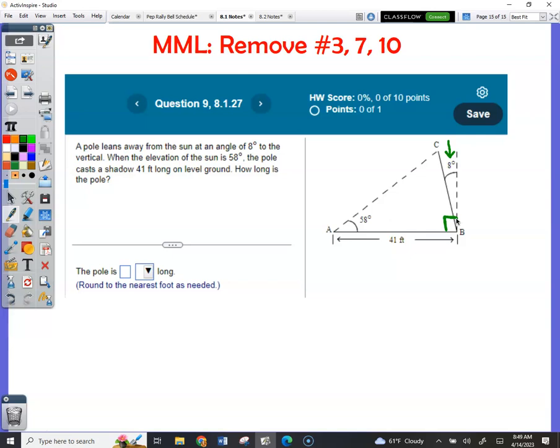And they're giving you the 8 on the outside. We don't need the 8 on the outside. We need to know what's in here. So how would I get this angle? 90 minus 8. For my problem, yours might not be 8, but 90 minus 8 would leave me at 82 degrees right there. So that's the trick in number 9.